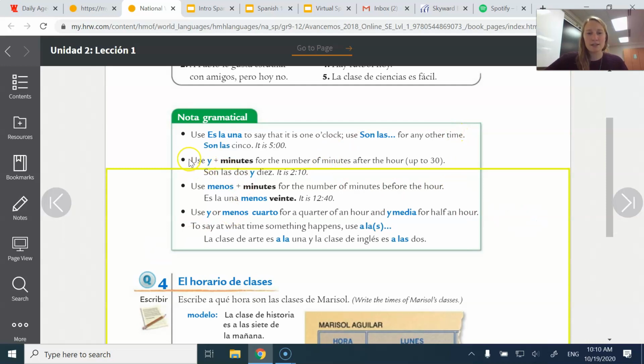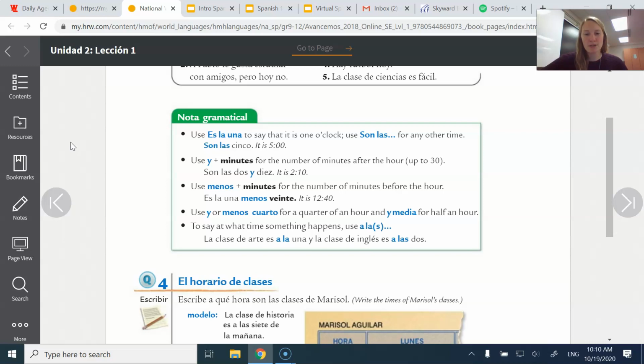Use y plus minutes for the number of minutes after the hour. Okay, for the number of minutes after the hour up to 30. So, for example, son las 2:10. It's not y10. You guys got that wrong on your speaking assessment. Son las 2:10. Use menos plus the minutes for the number of minutes before the hour. So, for example, es la 1:20.